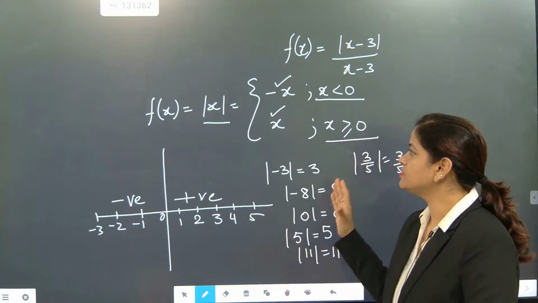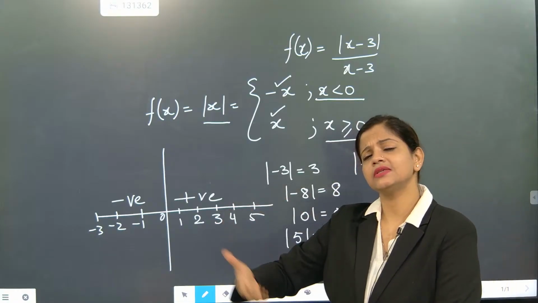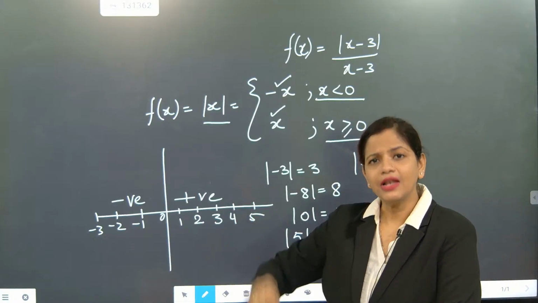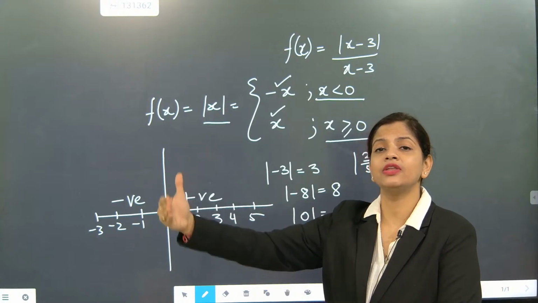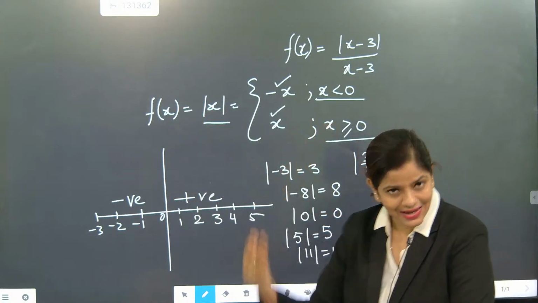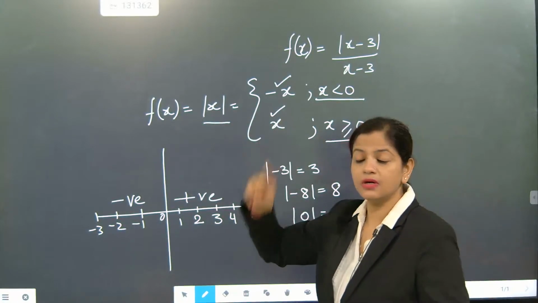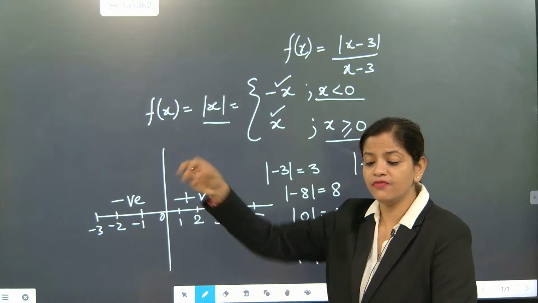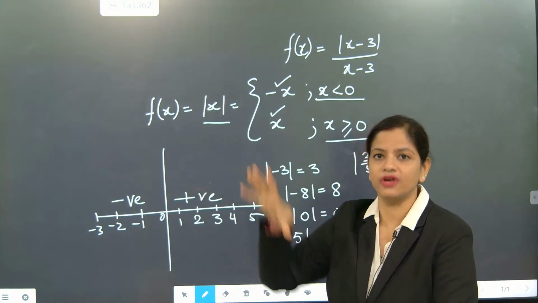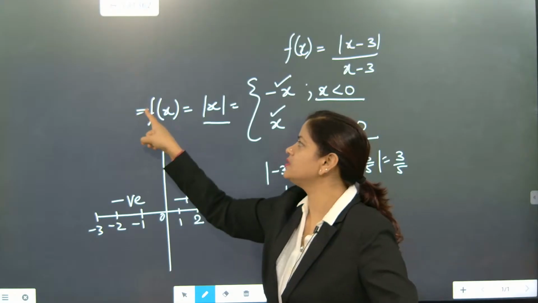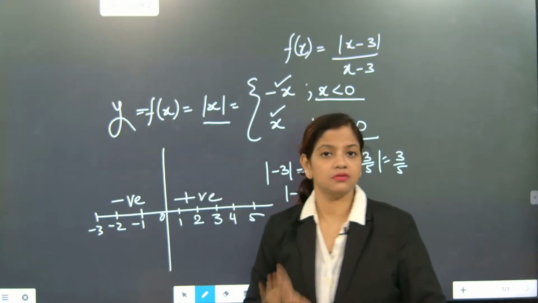Learn this one. You say that x is exactly the value which decides the value of y. So in any function, x will be the main variable which is put into the machine of the function and it will give you the value of y. Understood?